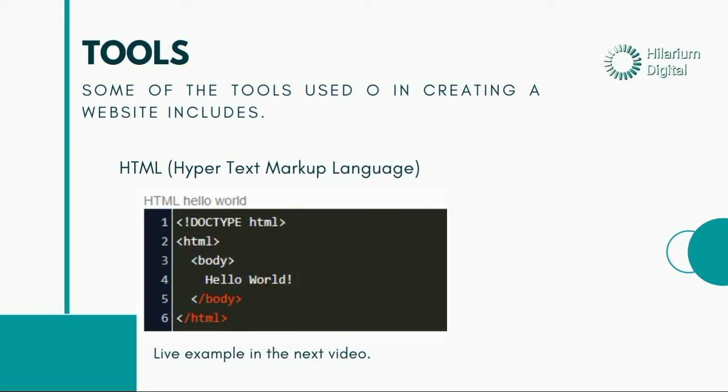Okay, so this is just an example of how we want to write hello world using HTML in a web browser. All right, so the live example will be in the next video. It's something like this. You have to write for the header, you have to write for the body, you have to write for the footer.